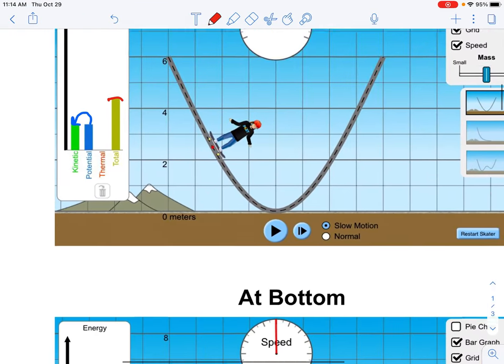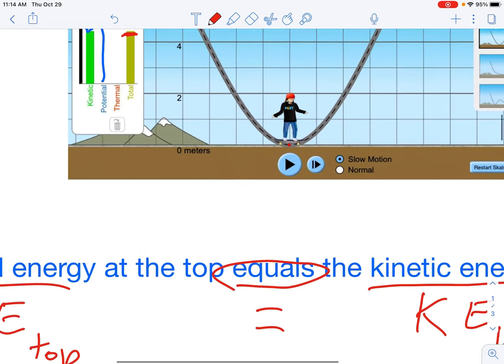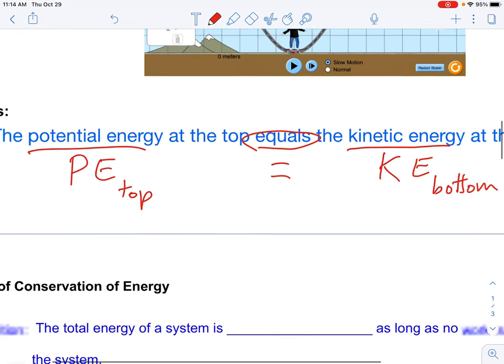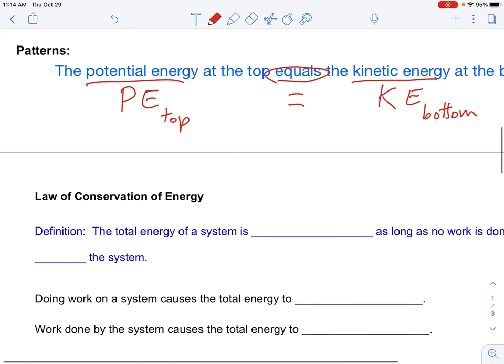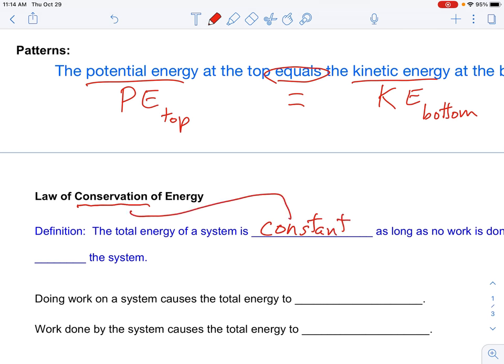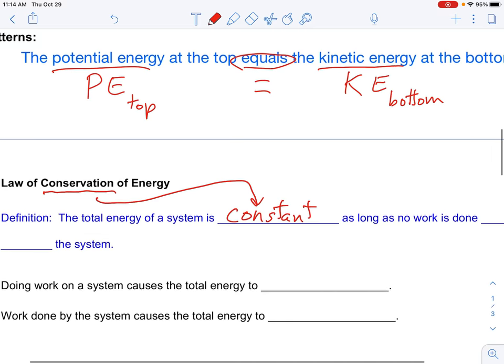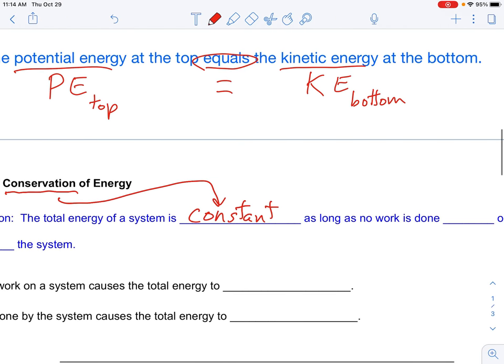So the fact that that total energy remains constant means that the total energy is conserved. So the law of conservation of energy says that the total energy of a system is constant. That's what that word conserved means. As long as no work is done on or by the system.